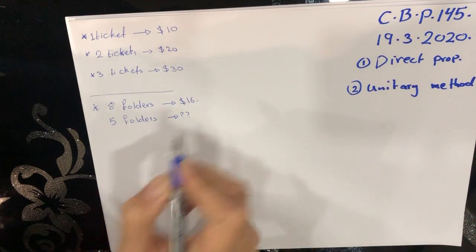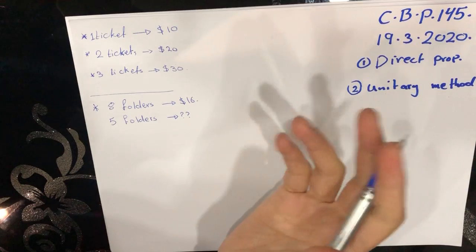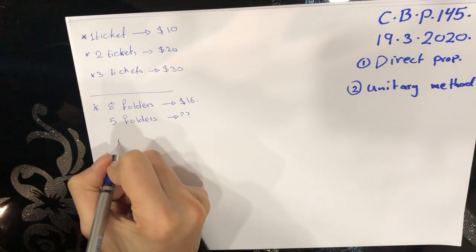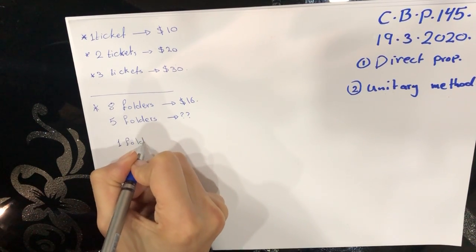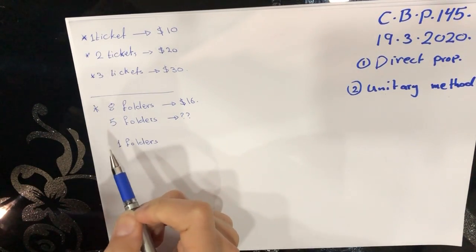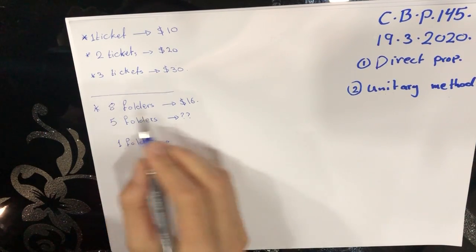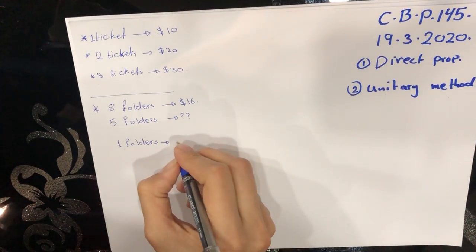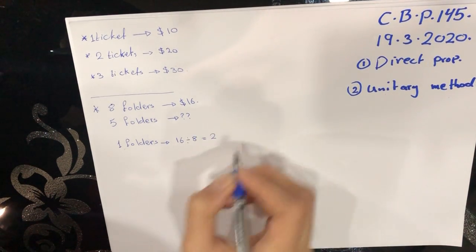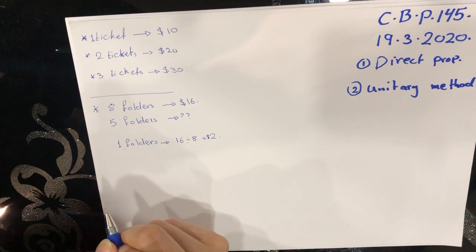If I tell you I bought 8 folders with $16, how much will one folder cost? This is called the unitary method, where I am using the 8 folders to find the cost of one folder or one unit. If 8 of them cost 16, how much will one cost? You can say 16 divided by 8, you will have $2. So you can say that one folder costs me $2.